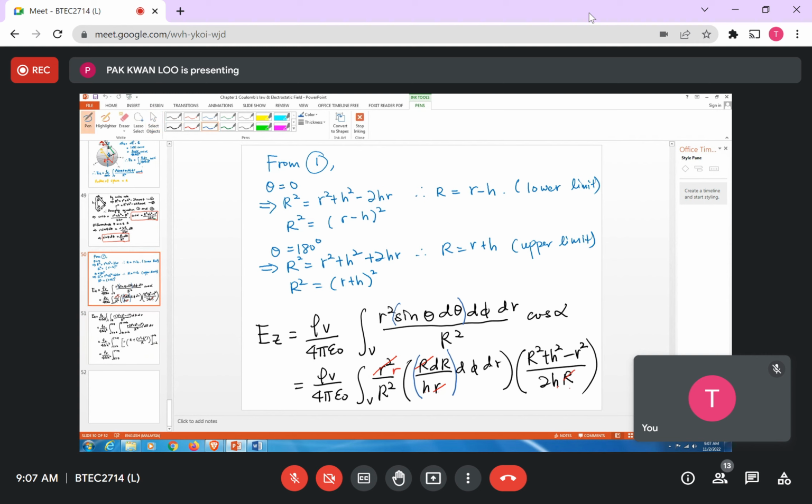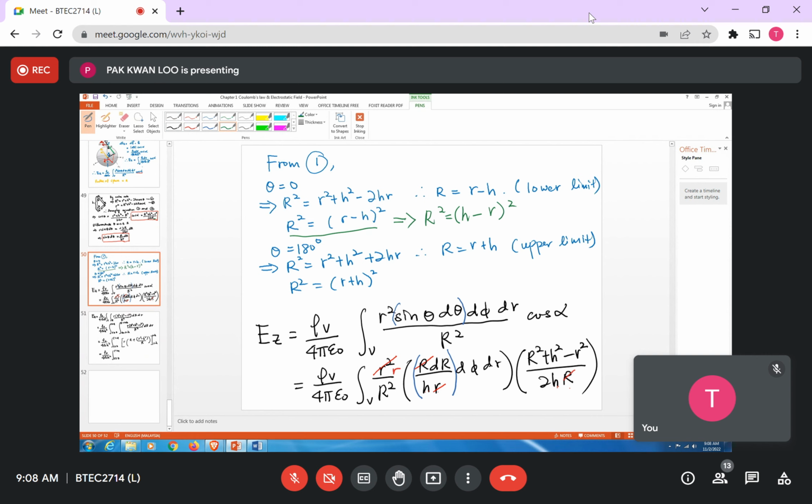Okay, so what I'm trying to say is, there is some ambiguity. In fact, for this expression, for the lower limit, I can also write it as this, and it is correct, right?